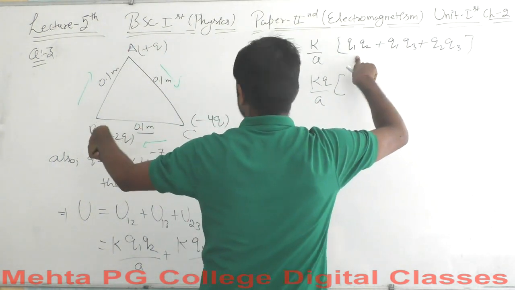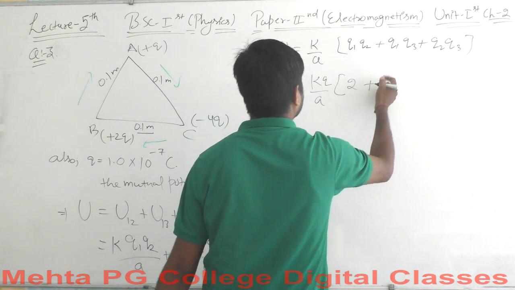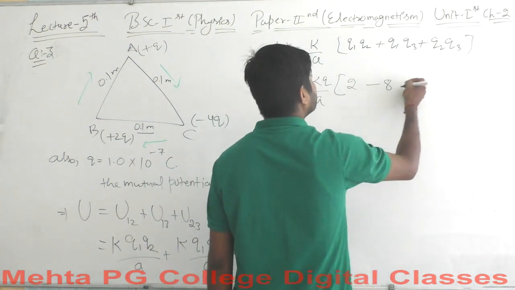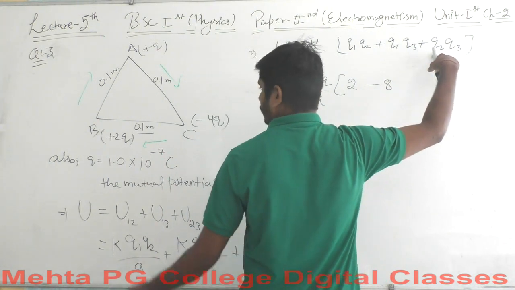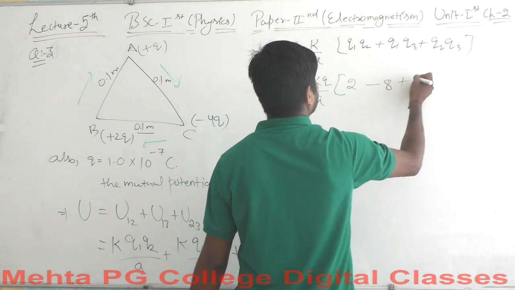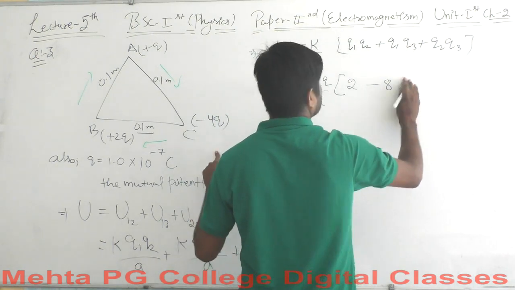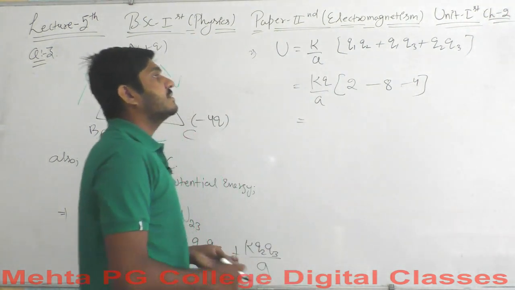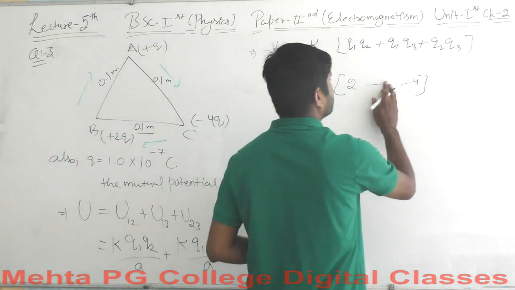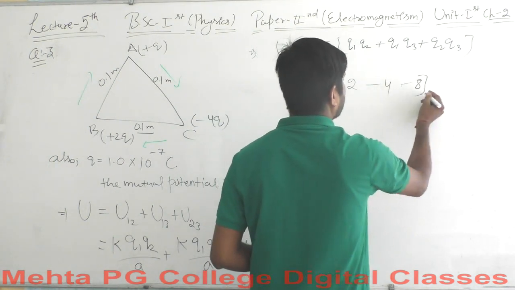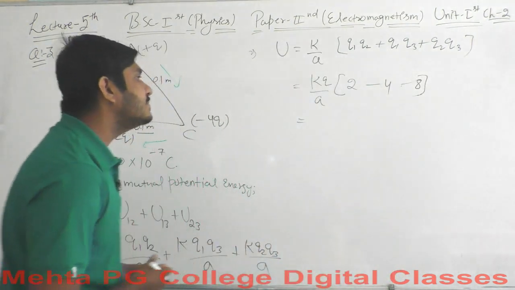Q2 is plus 2, and plus 2 into minus 4 is equal to minus 8 here, plus Q3 is minus 4 here, so this is again minus 4 by now. Well, I have changed the order. This is the correct order here.